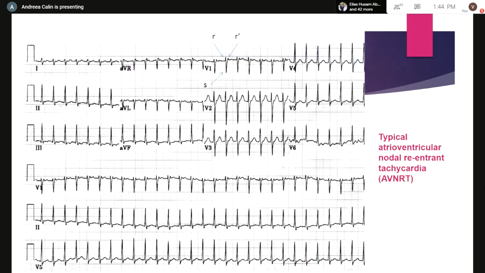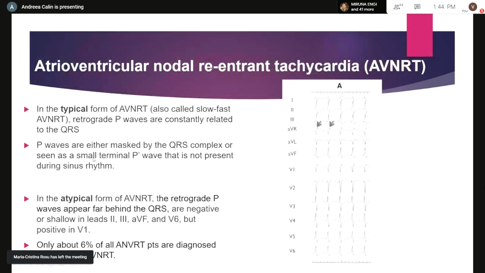This is a typical atrioventricular nodal reentrant tachycardia where we cannot see, or can very hardly see, the P waves after the QRS complex, with an R prime wave. The QRS complex is narrow and the tachycardia is very regular, and this is an example of a typical atrioventricular nodal reentrant tachycardia.